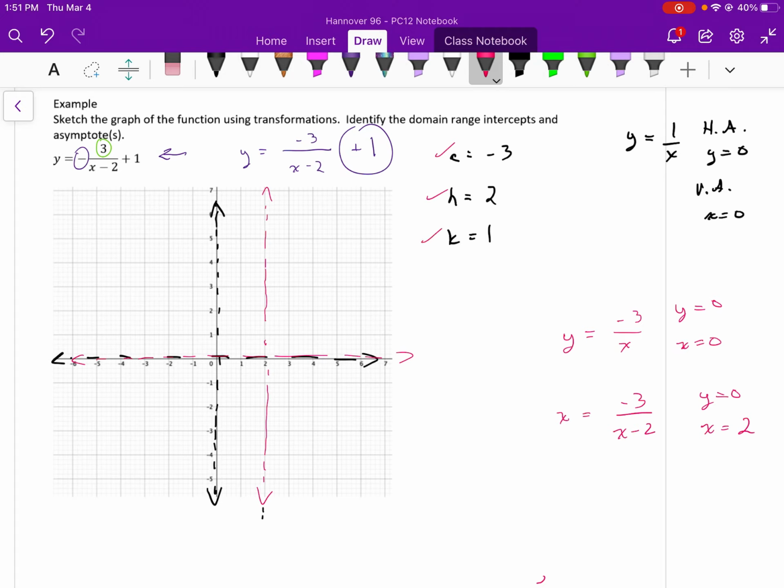And now k is equal to 1. My functional form will look like this. And my horizontal asymptote now moves up 1 unit. So basically this graph will have a new horizontal asymptote, and my vertical asymptote will be the same as the previous step.